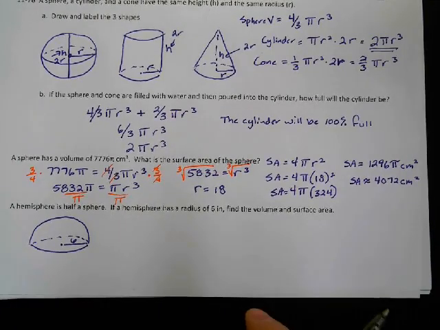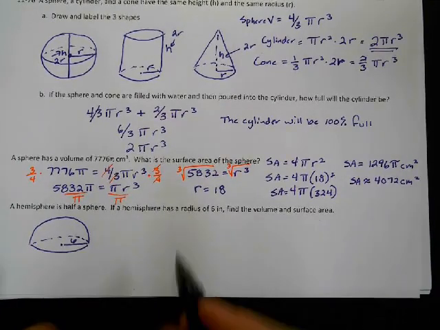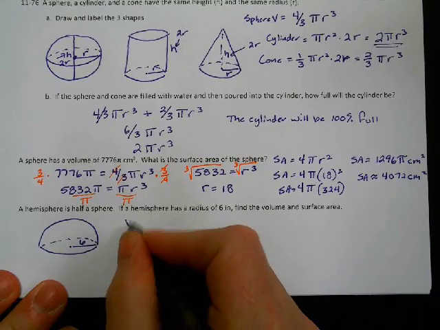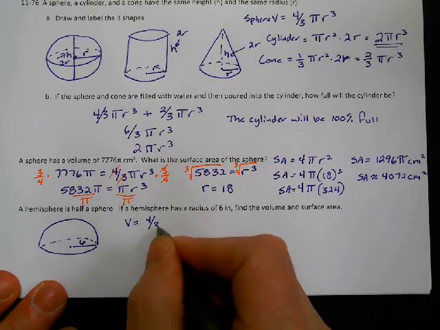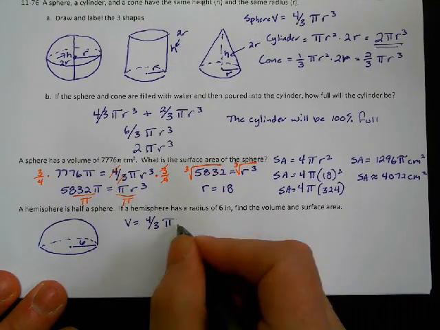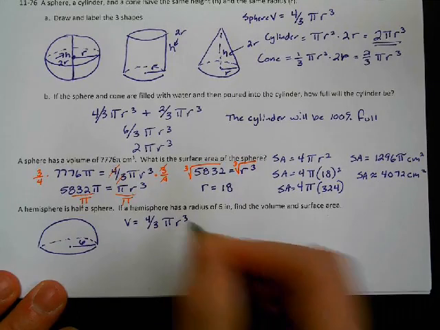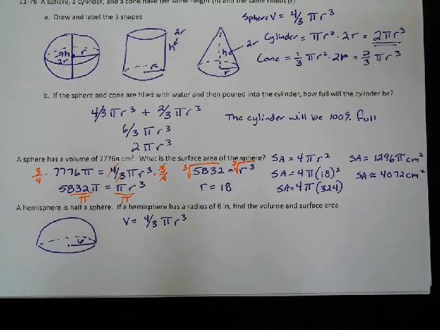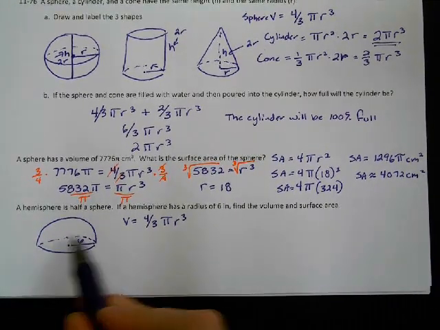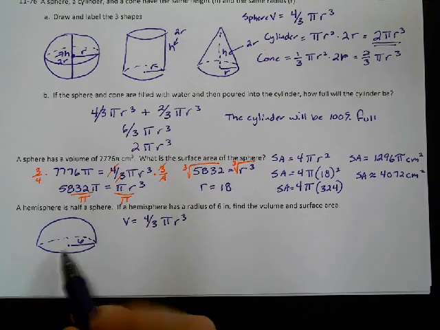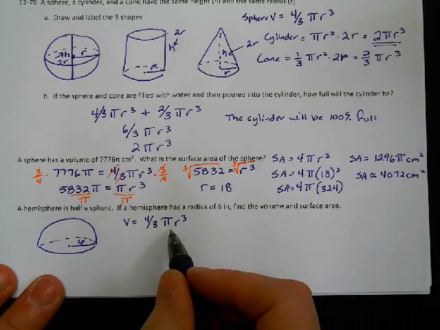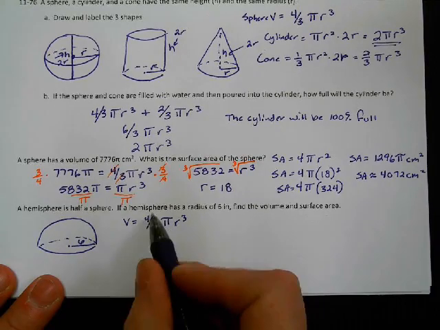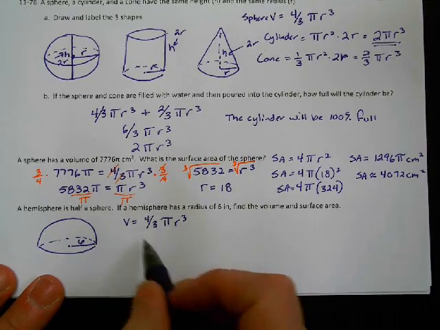Let's start with volume. Volume is normally, for a sphere, 4/3 pi r cubed. Now in this case, since we want a hemisphere, which is half of a sphere, I have two options. I can do this and then divide by 2. Or I can just say, what's half of 4/3? Well, half of 4/3 is 2/3.